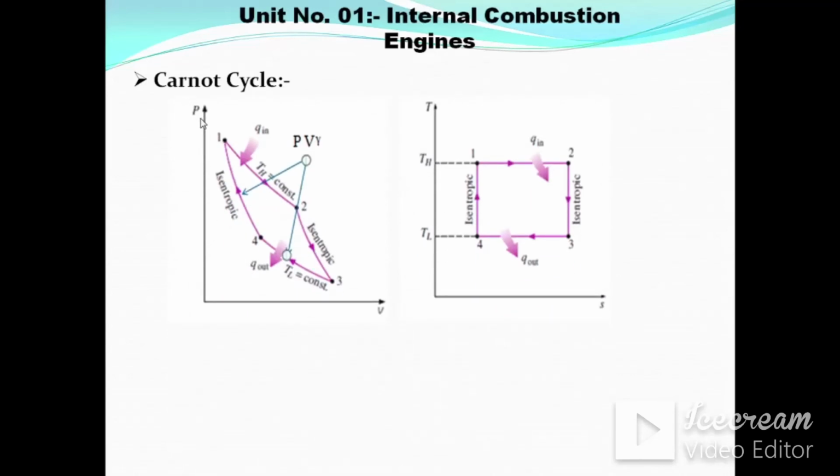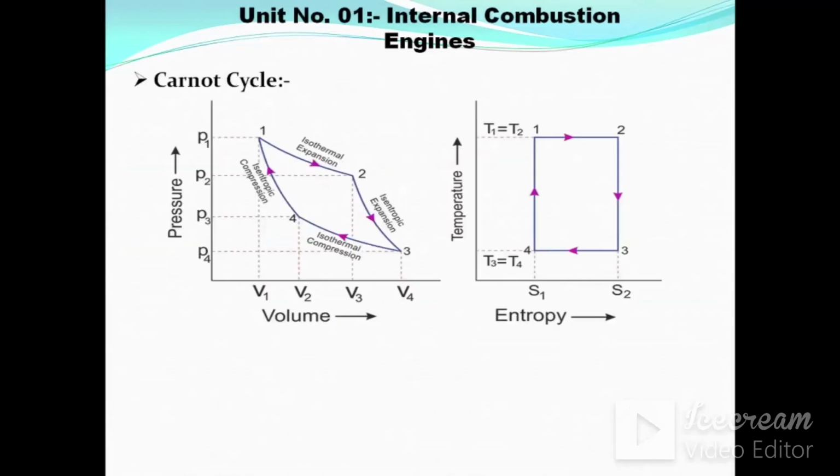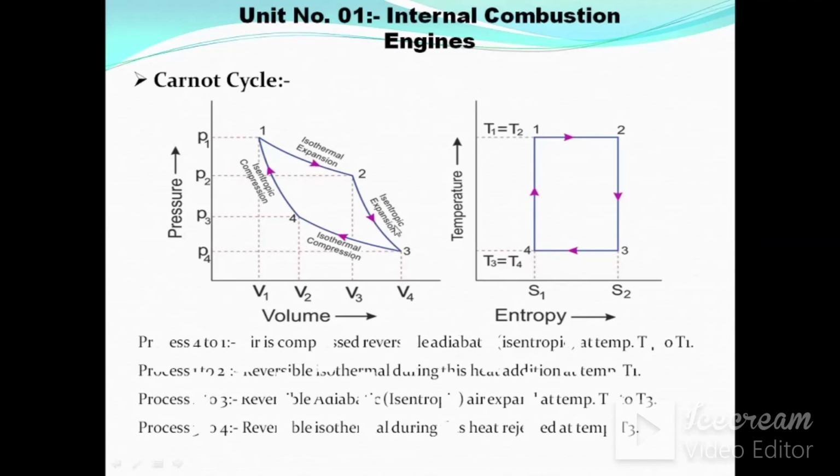Now we will move to our first power cycle, that is the Carnot cycle. This is the PV and TS diagram of the Carnot cycle. From this point, this is the PV diagram, meaning pressure and volume, and this is the TS diagram, meaning temperature and entropy.